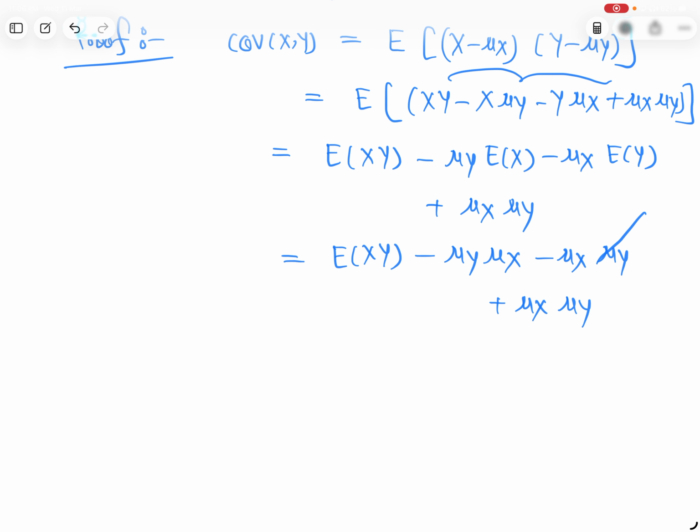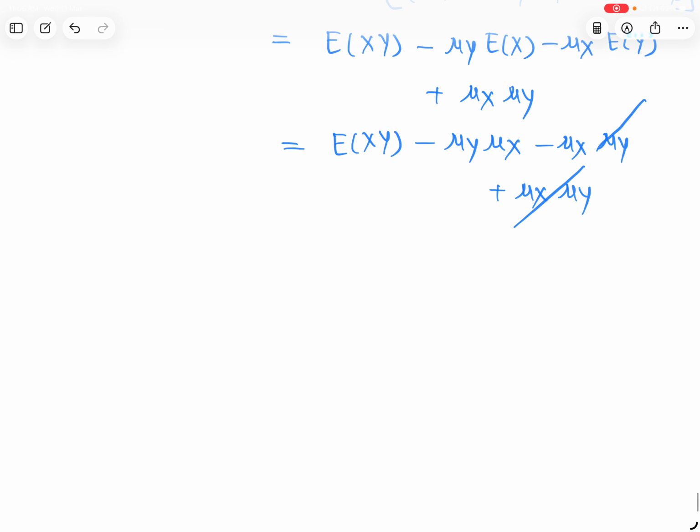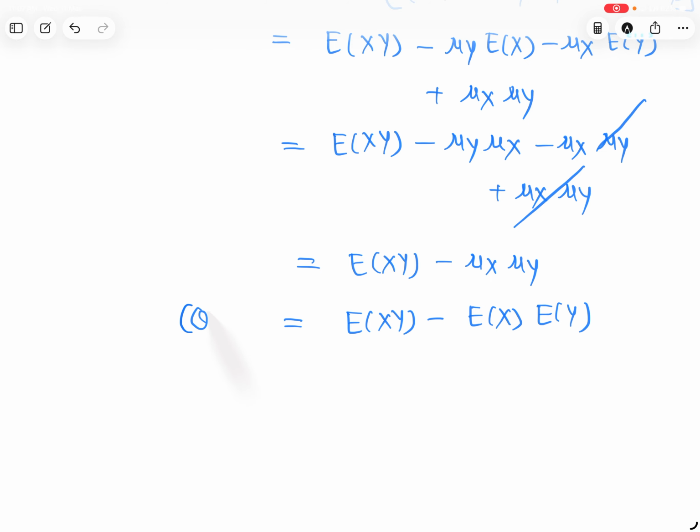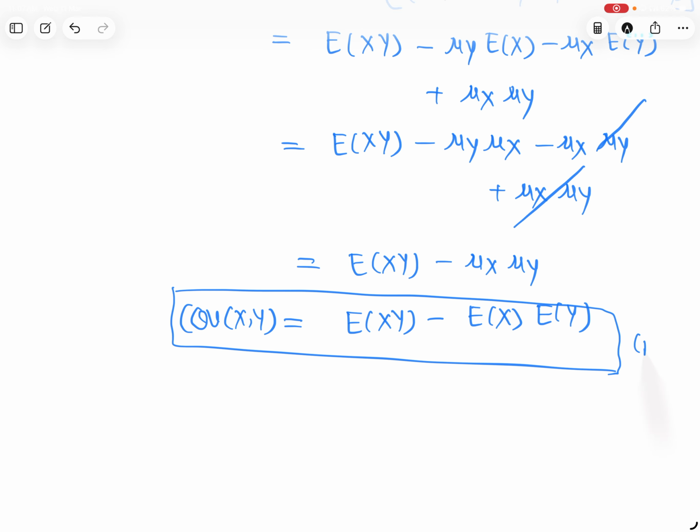So one will cancel out. So that is Exy minus mu x mu y. So this is equal to, what is mu x? Mu x is nothing but Ex. So this we prove. This formula is proved.